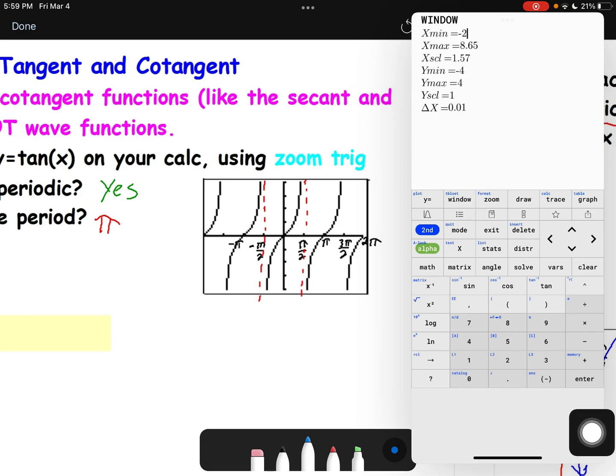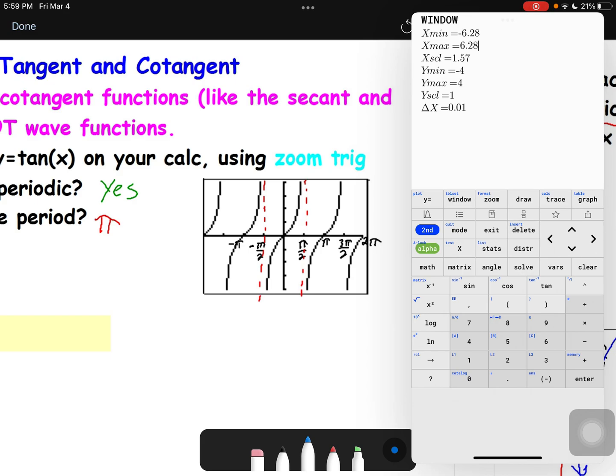Well, let's do this the easy way, and I'm just going to say negative 6.28 since I can't see the pi button on here right now. Okay, so negative 6.28, that'll be approximate, and our x max will go positive 6.28.